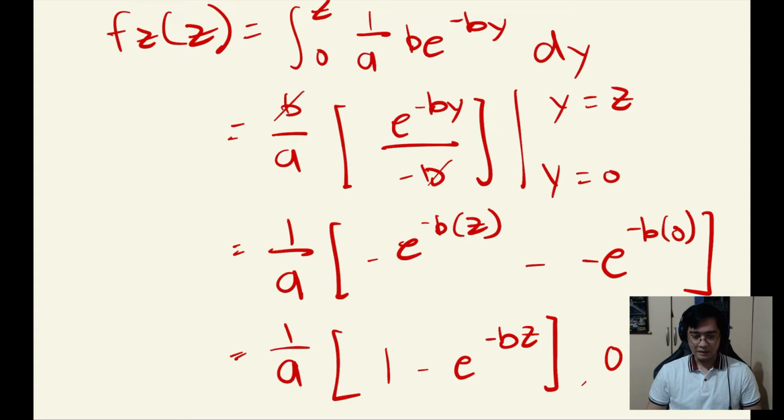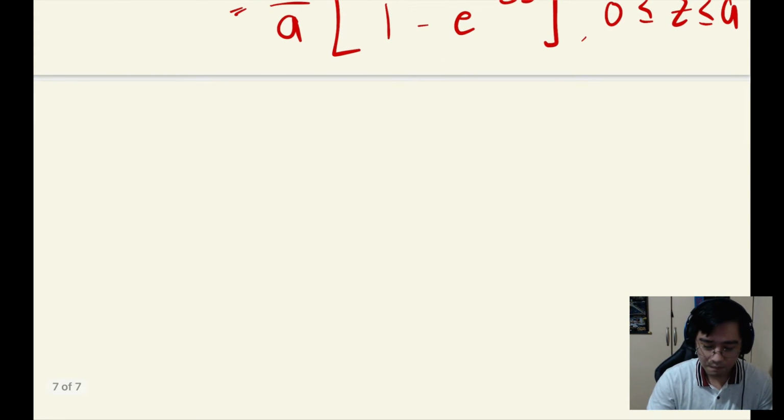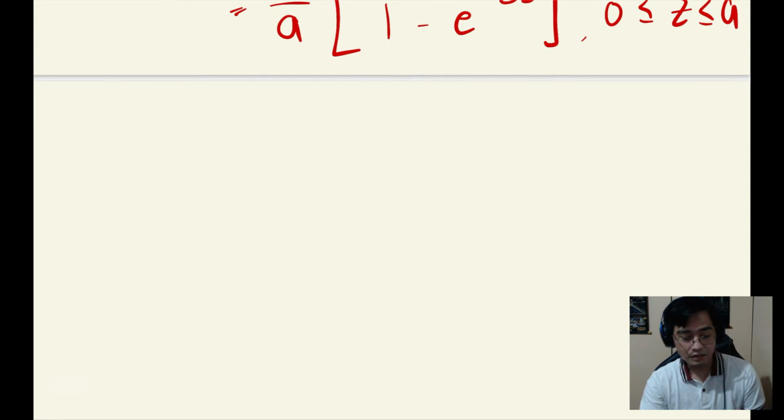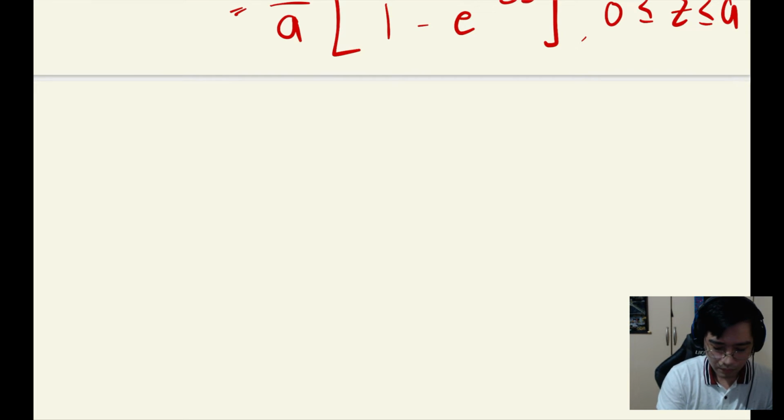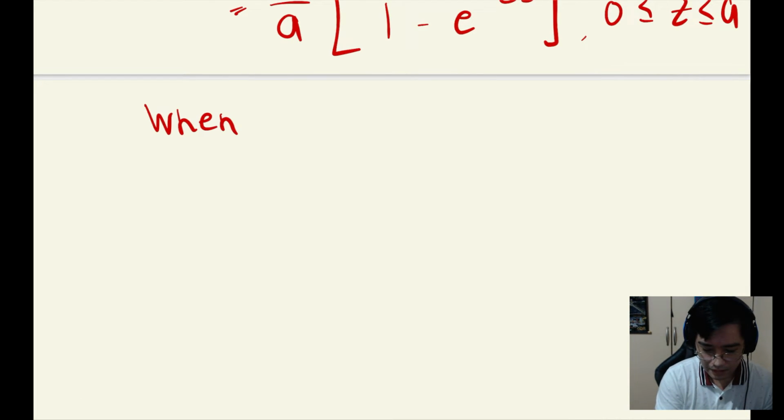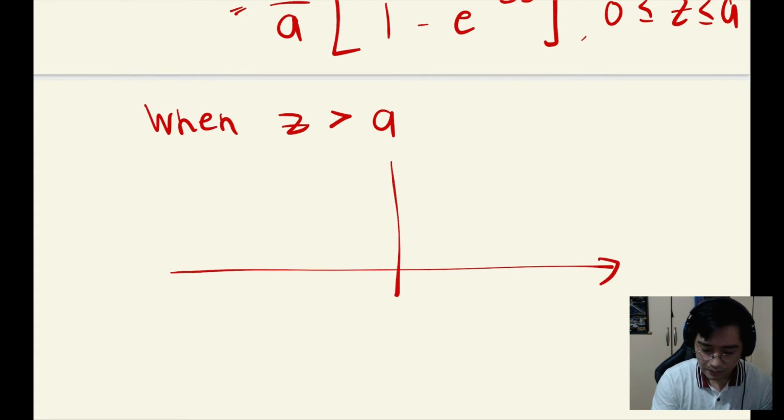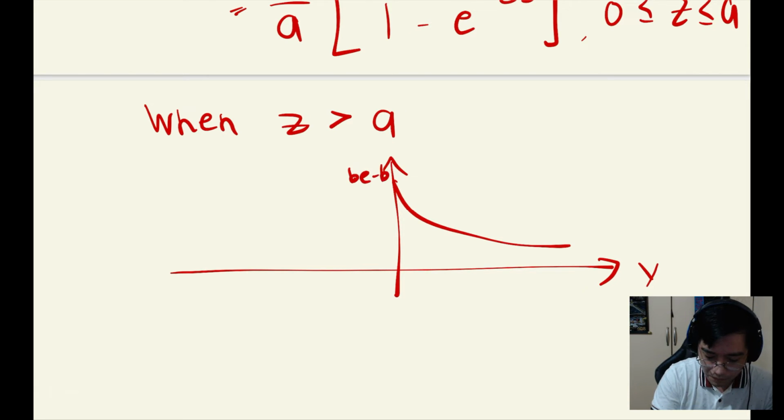Now, the final interval or region of interest is when z is greater than a. The sketch now here is y. This is still the exponential function b e to the negative by.